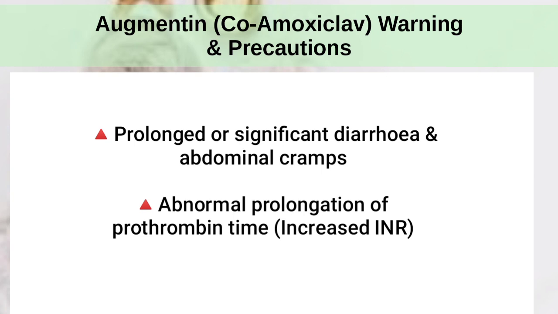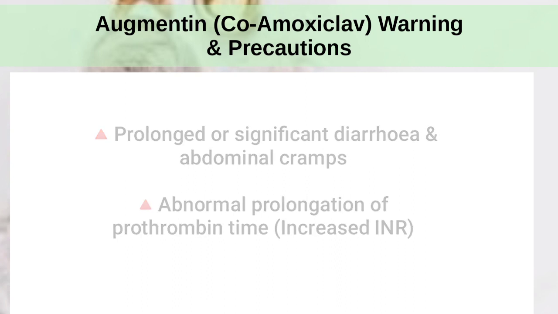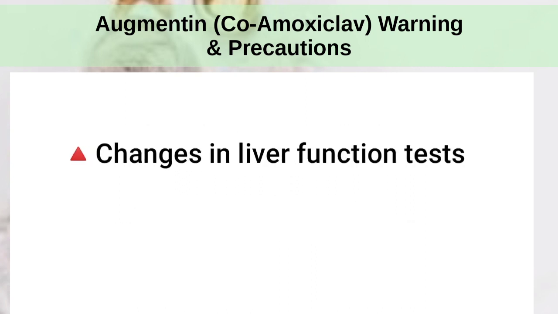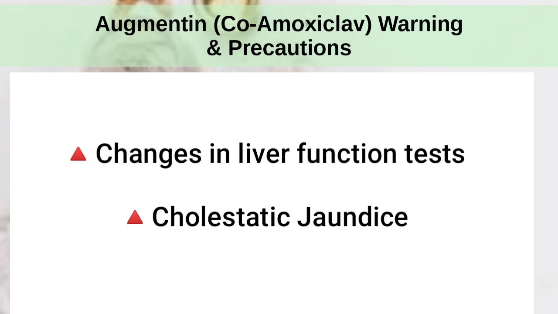The abnormal prolongation of prothrombin time has been reported in patients that received Augmentin and oral anticoagulants. Changes in liver function tests have been observed in some patients that received Augmentin.